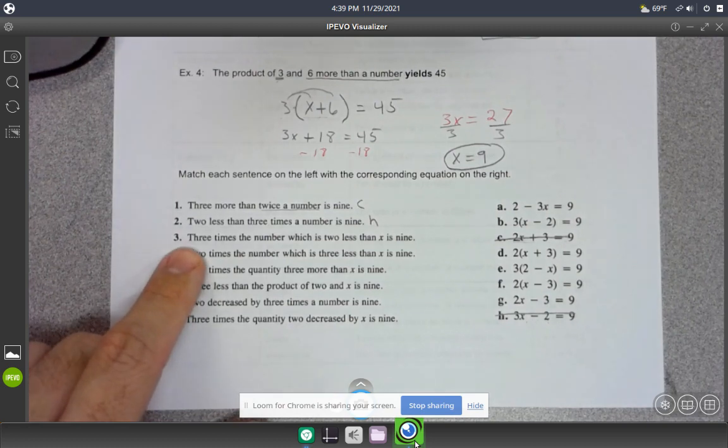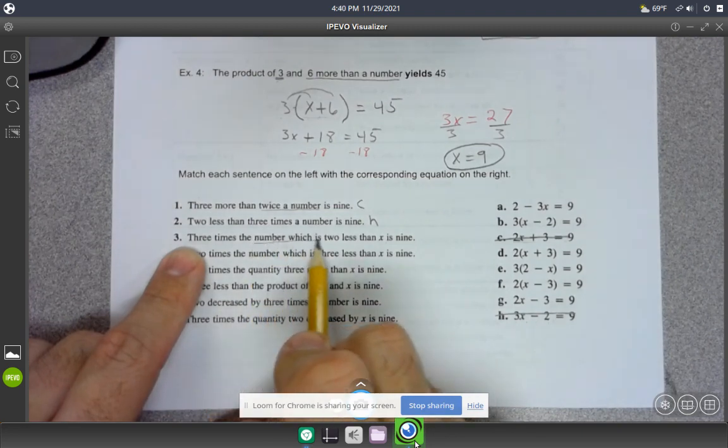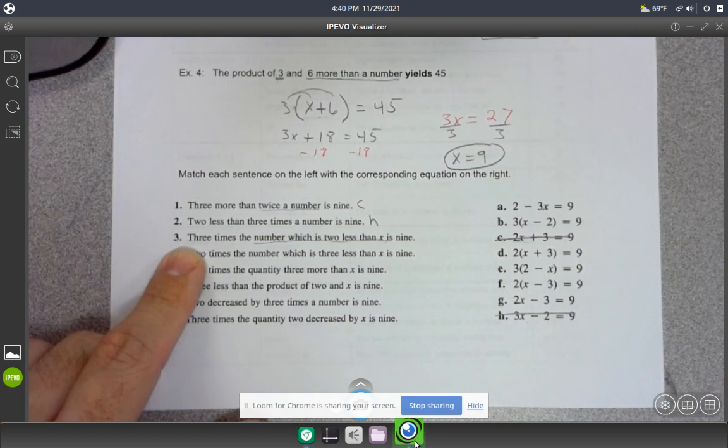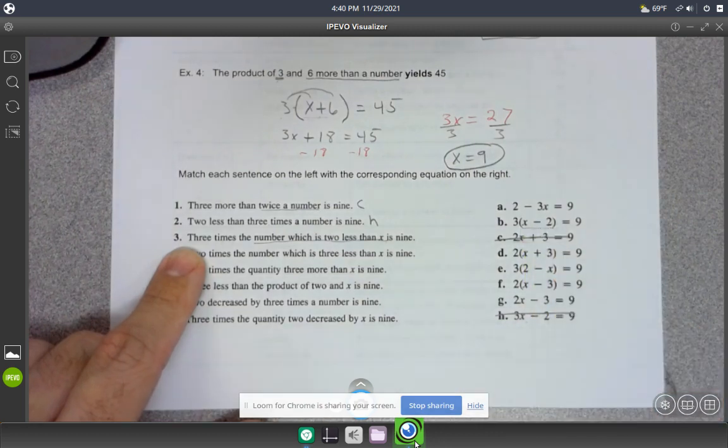3 times the number which is 2 less than x. Oh my goodness, this is weird. Okay, the number that is 2 less than x. That's going to be x minus 2. Yep, x minus 2.